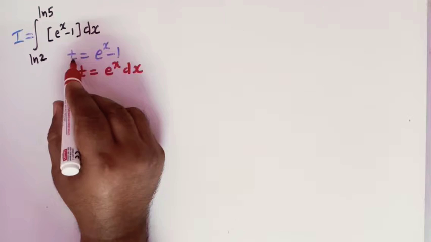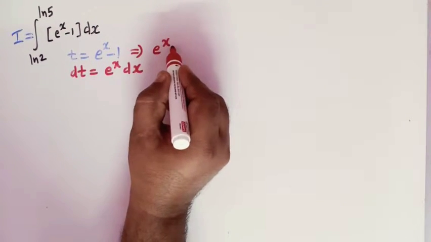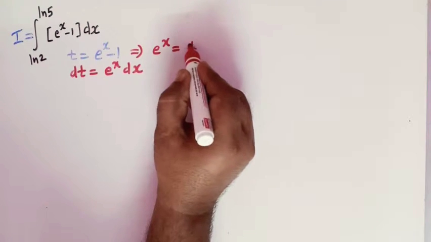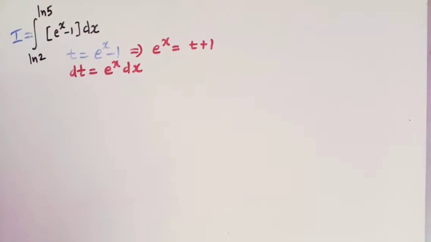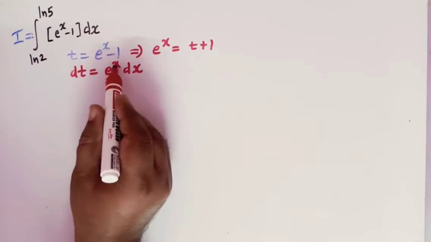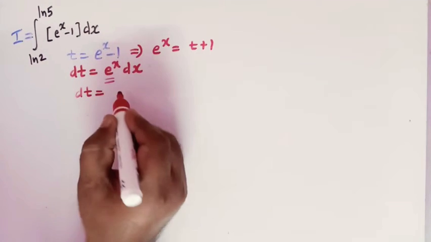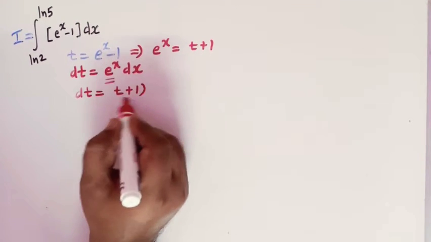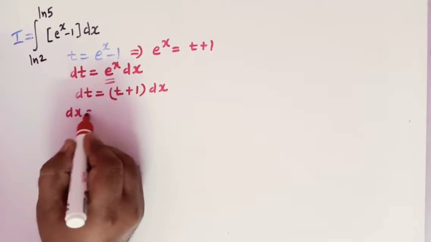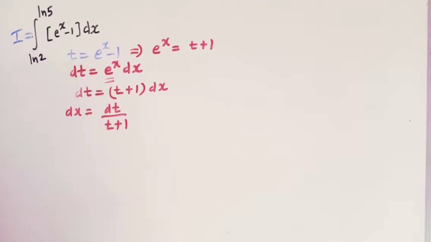Now from this relation we have e raised to x is equal to t plus 1, right? So now here e raised to x can be replaced by t plus 1. So dt is equal to t plus 1 dx, and dx is equal to dt over t plus 1, right?